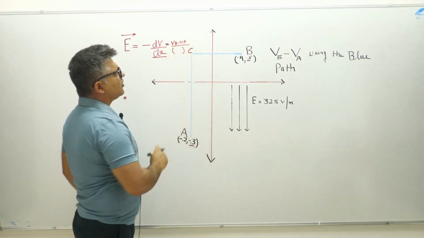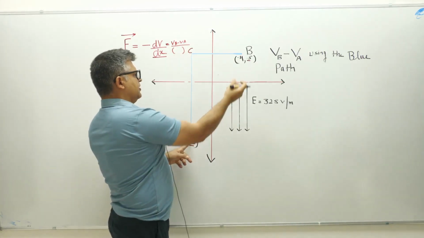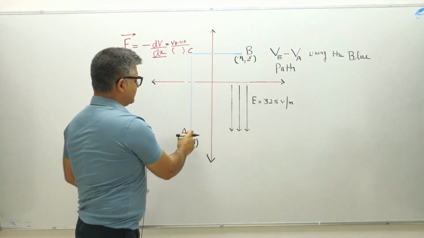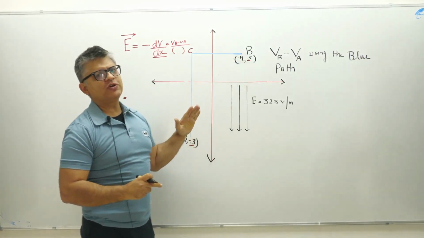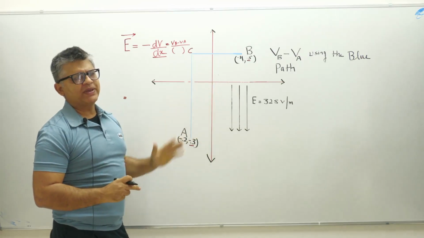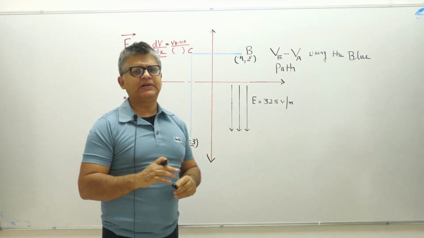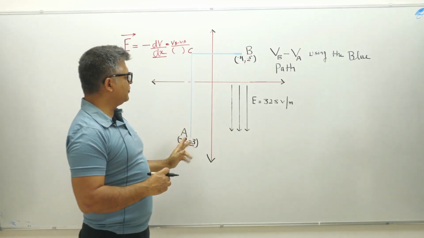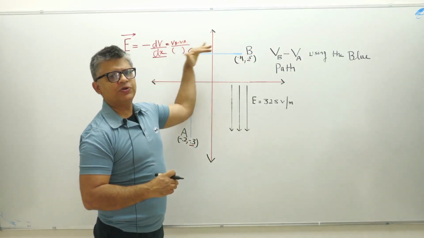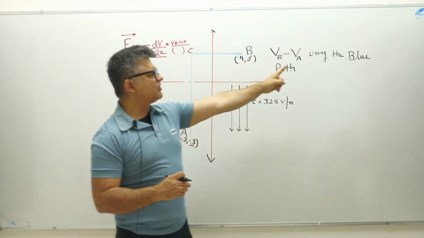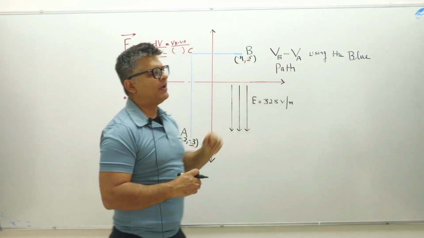Unfortunately, we are not allowed to use this particular vector, B to A, the distance through which you have moved, which is bringing about the change in potential. Instead of using AB, I'm using first this, and then I'm going to use this, because the question puts a restriction: use the blue path.